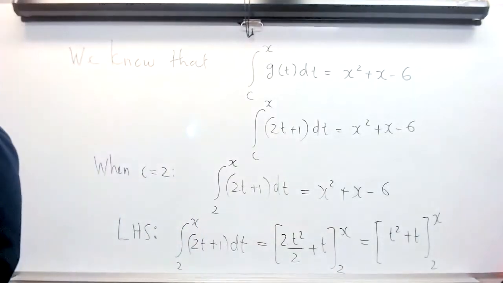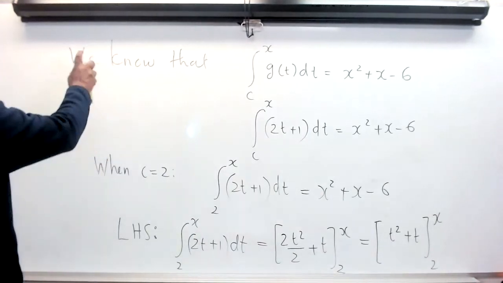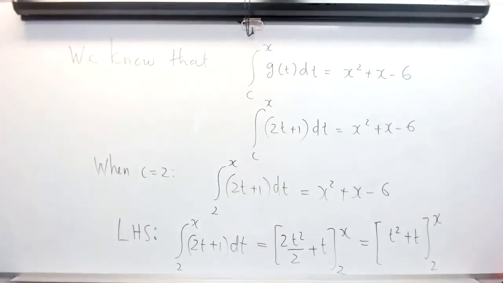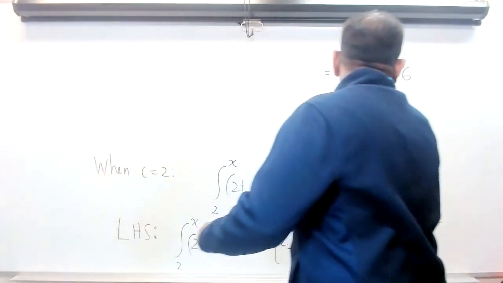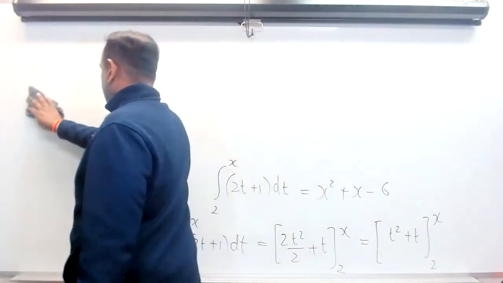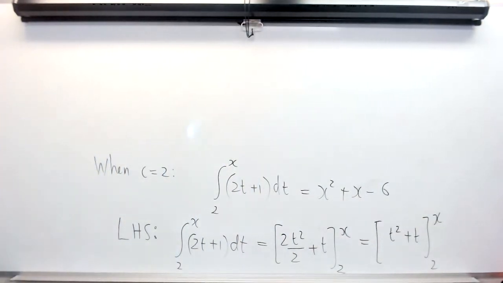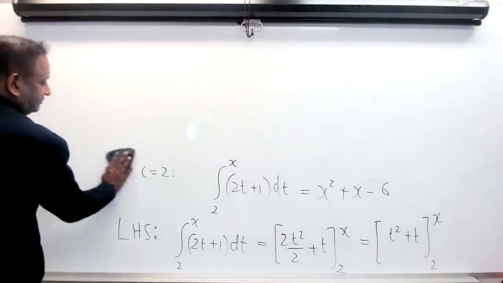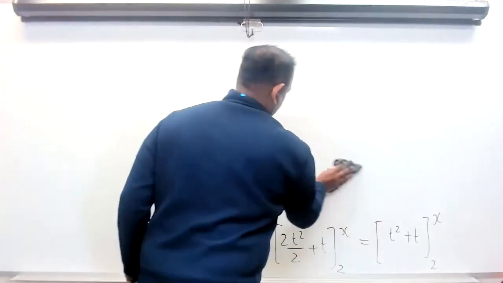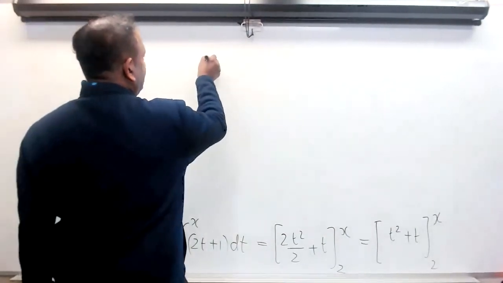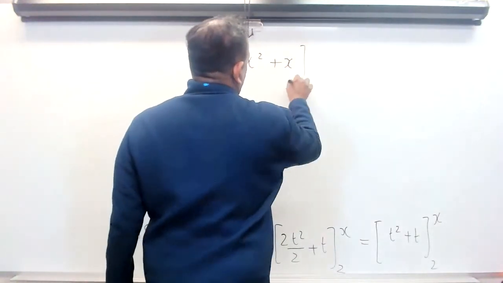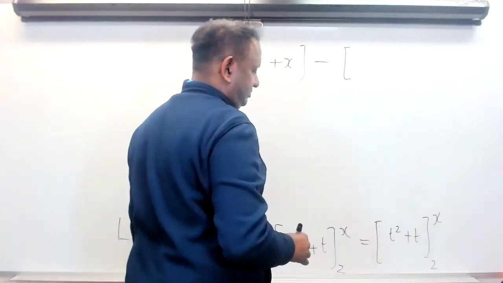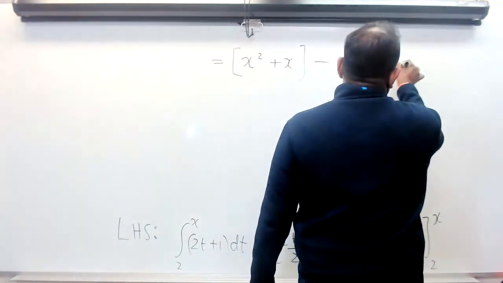This equals x squared plus x for the upper bound, minus the lower bound 2 squared plus 2.